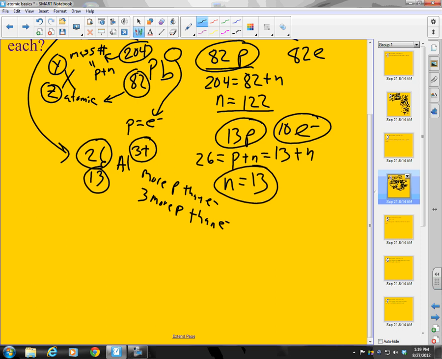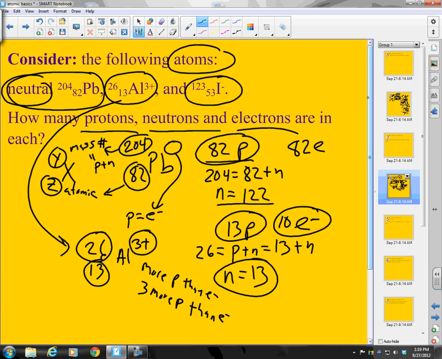And for the final, we're looking at 123, 53, I minus. What's the 53? That's my atomic number, so I have 53 protons. 123 is my mass number, so 123 equals 53 plus N. So N has to be equal to, what do you think, folks? 70. Yes, 70.